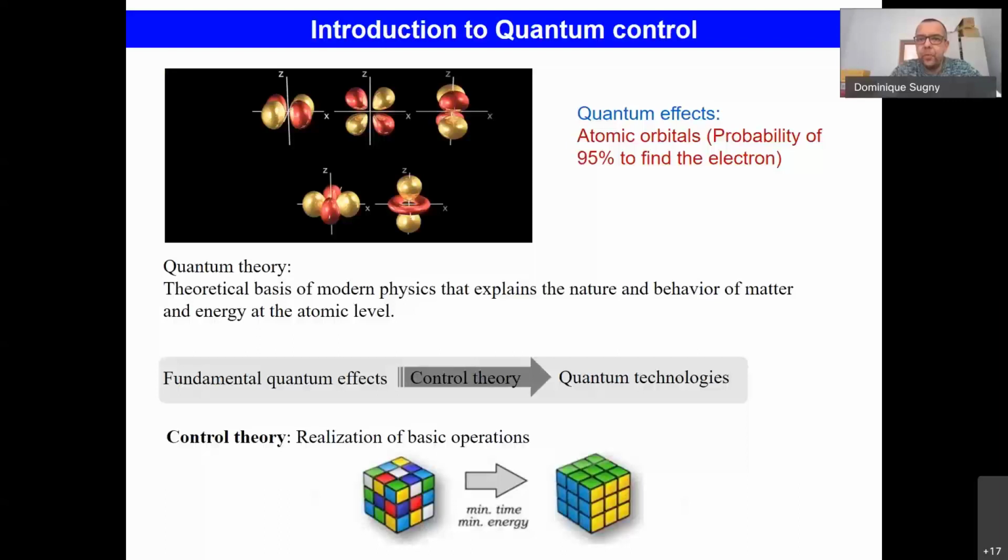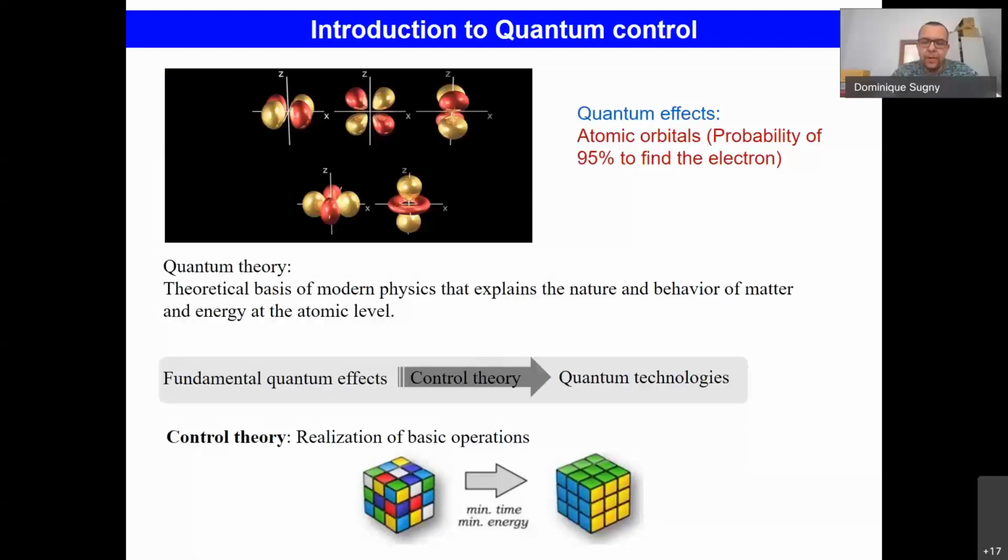A short introduction about quantum control, just to give you a very rough idea about the state of the art. We have nowadays a very good theoretical basis to explain the nature and the behavior of matter at the atomic or microscopic level.